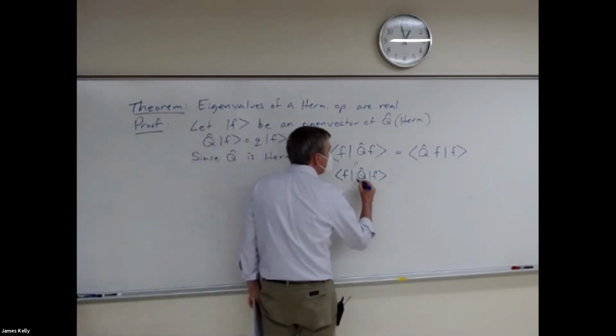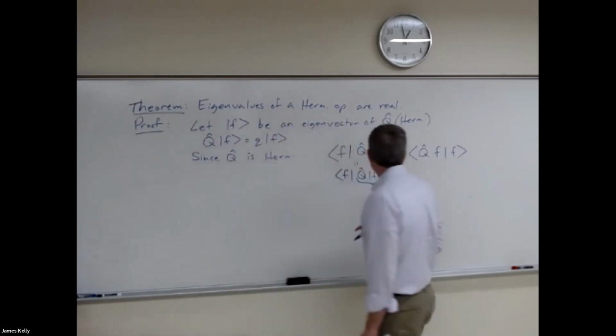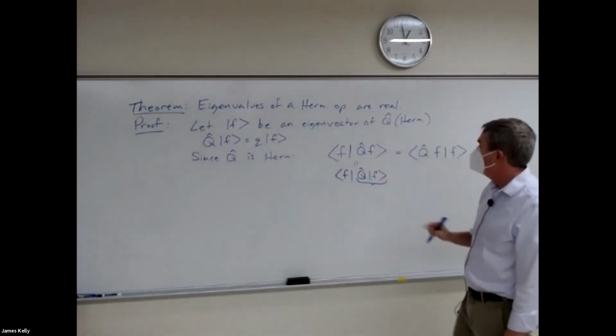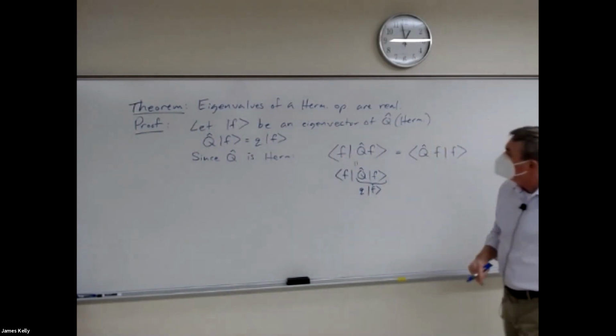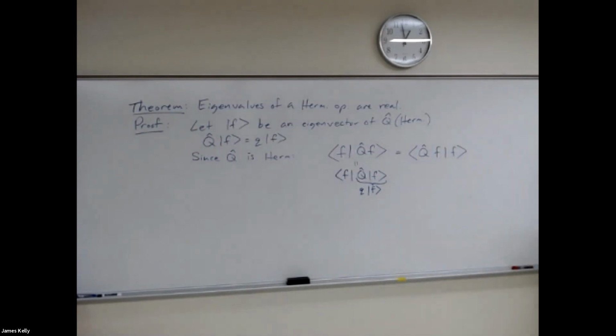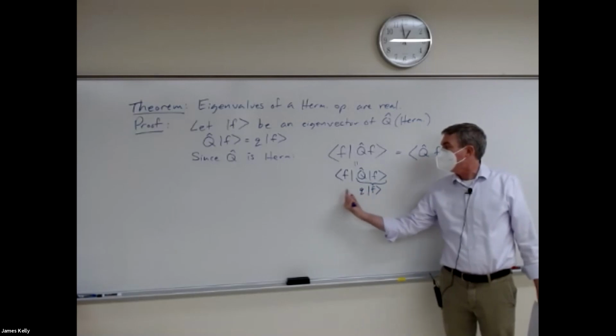And this, by our assumption of the eigenvalue equation, f is an eigenvector of Q corresponding to eigenvalue q. So the thing on the right-hand side is little q operating on f. And if I have a multiple of a vector inside an inner product, I can always factor it out.